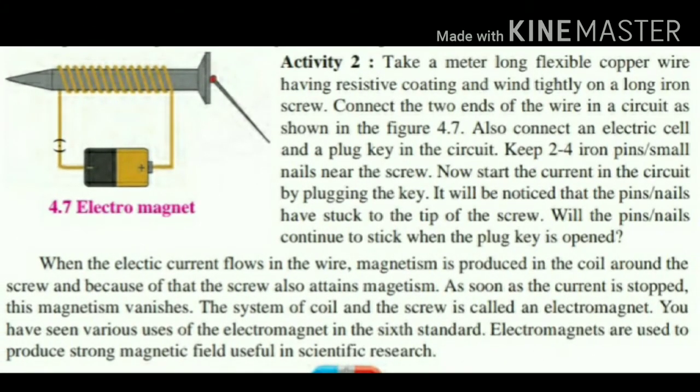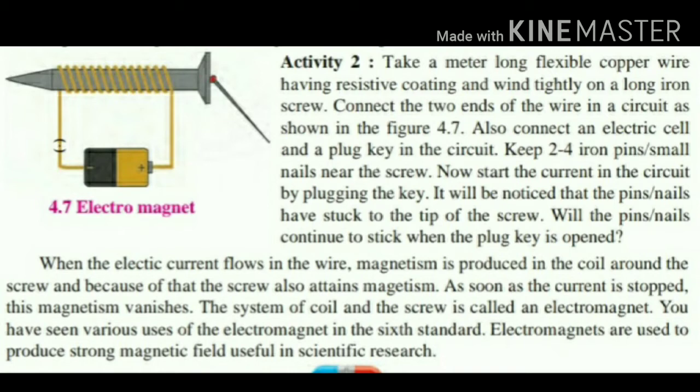In the first activity, we see that when electric current passes through a current-carrying conductor, it produces a magnetic field.